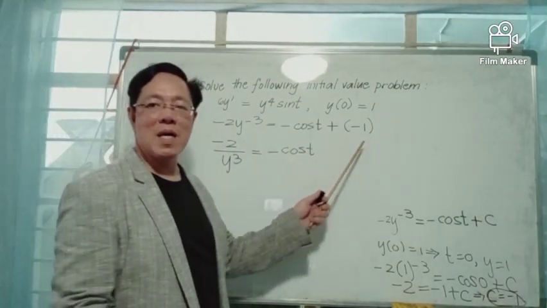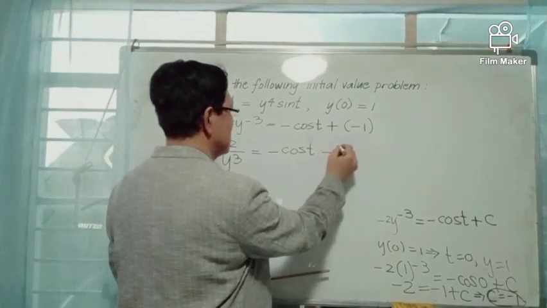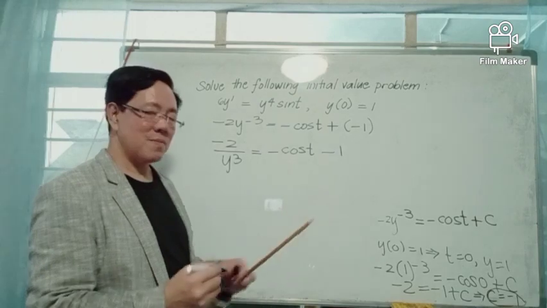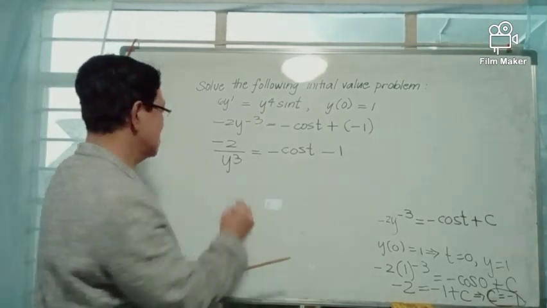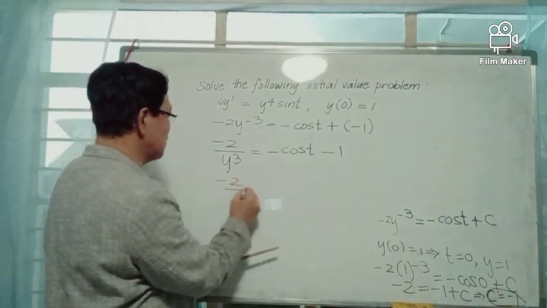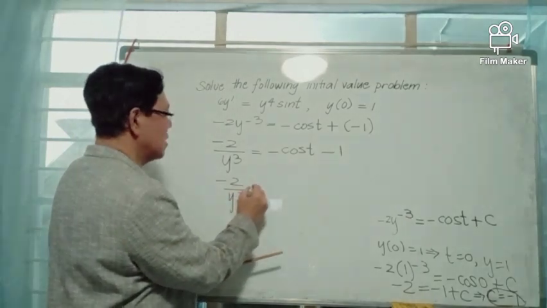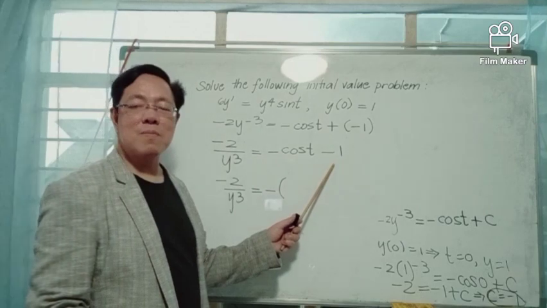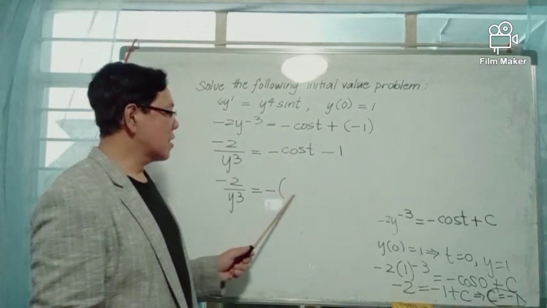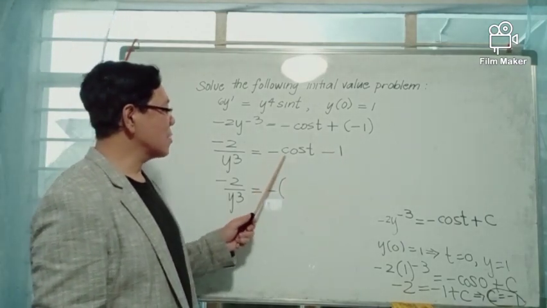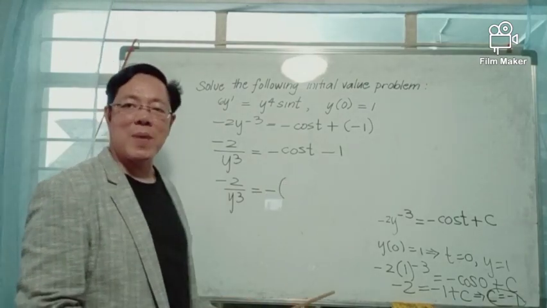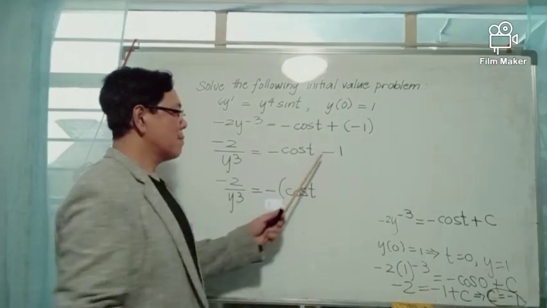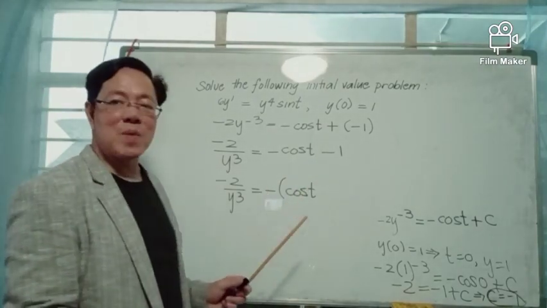Positive multiplied by negative is negative 1. And we factor out negative from the right-hand side. We have negative 2 over y cubed equals, factor out negative from each term on the right-hand side. The other factors are negative cosine t divided by negative is positive cosine t, and negative 1 divided by negative is positive 1.